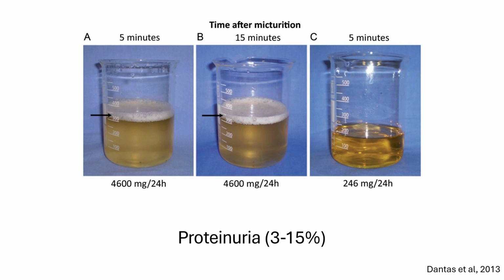The last of these events we will review is proteinuria. Proteinuria is the presence of excess protein in your urine. This can be more easily observed as foamy urine, as seen on the left and center images here.